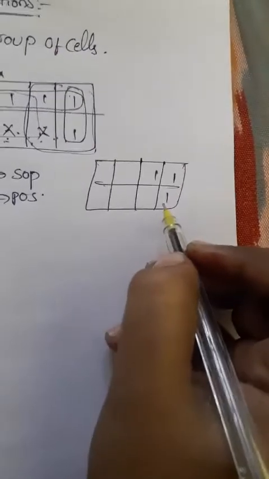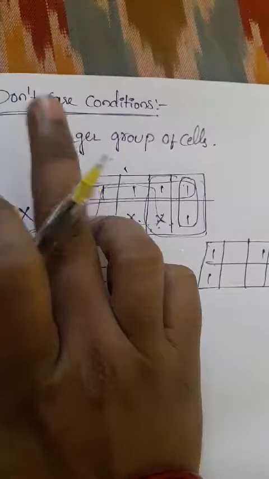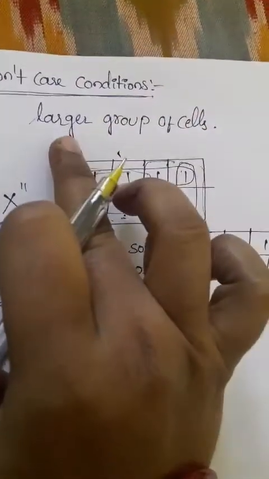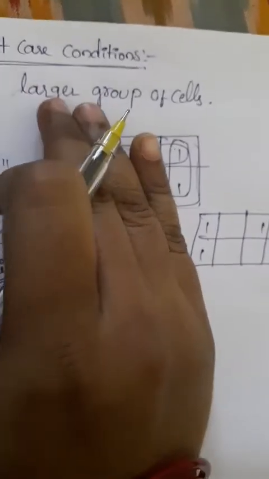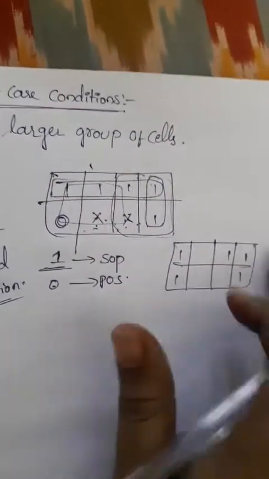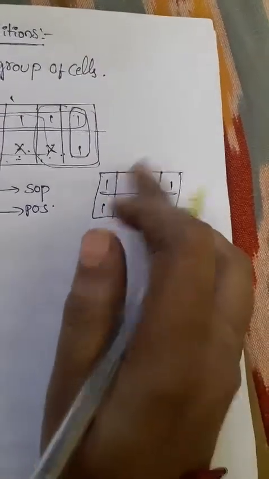Okay, like this we are having the K-map. What is the main use of don't care conditions? These cells can help us to form a larger group of cells, that is, forming one group. How does it form? Here I am representing these three as don't care conditions, right?